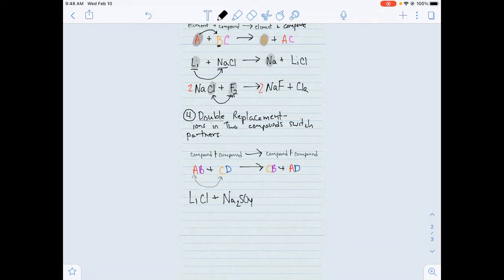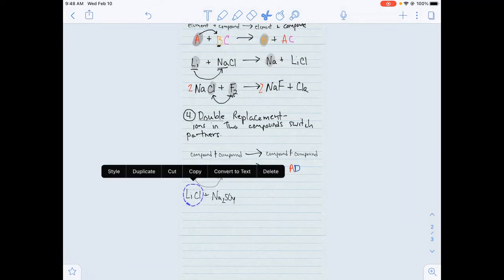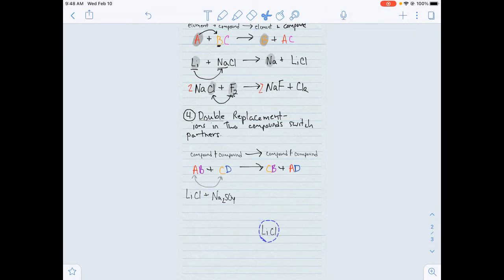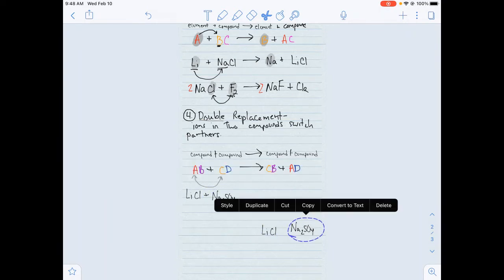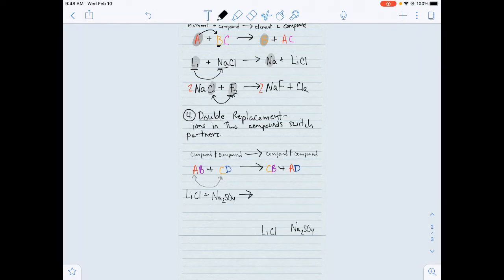Right, those are both compounds, and so in this type of reaction, you would end up having them switching, and you would copy this over, paste it down there, copy this over, and paste it down there. And so what you would end up having is the lithium now ending up with the sulfate. We got these balancing rules, so I'm going to bring that 2 over with it.